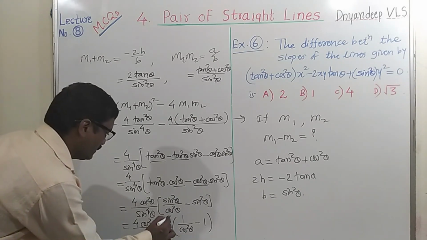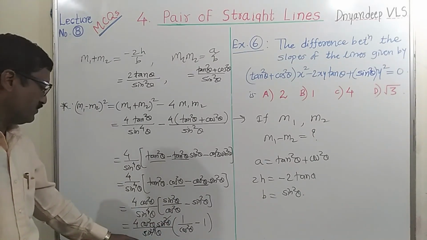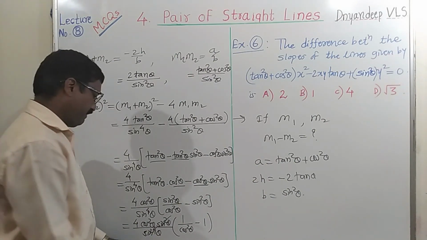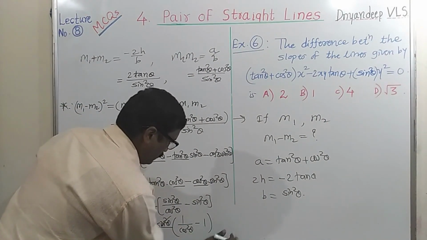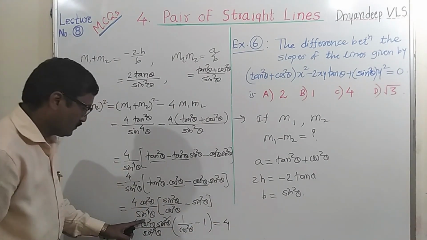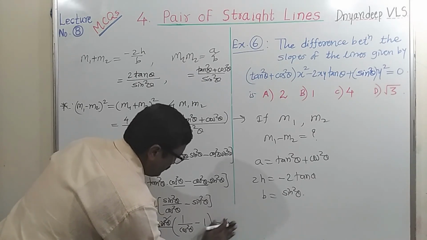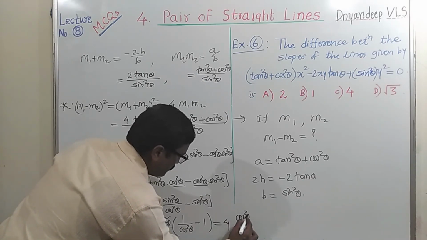So here 1 sin square gets cancelled, remains cos square upon sin square. So it is equal to 4 into cos square upon sin square, or 8 cos square theta upon sin square theta.